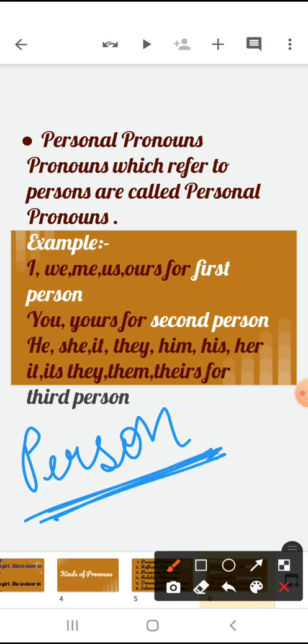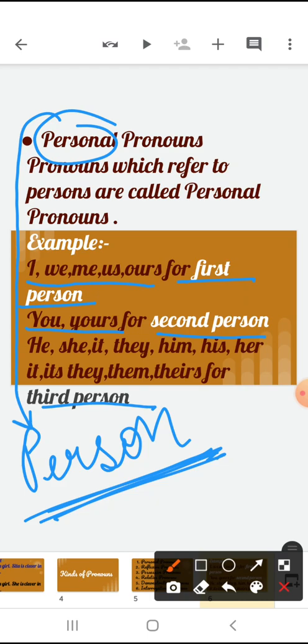A personal pronoun refers to a person. Whether the person is I, we, me, us, our, this is first person. The person related to you, yours, that is second person.